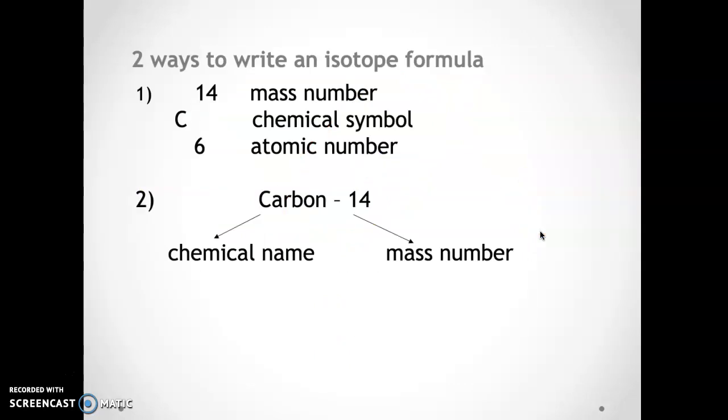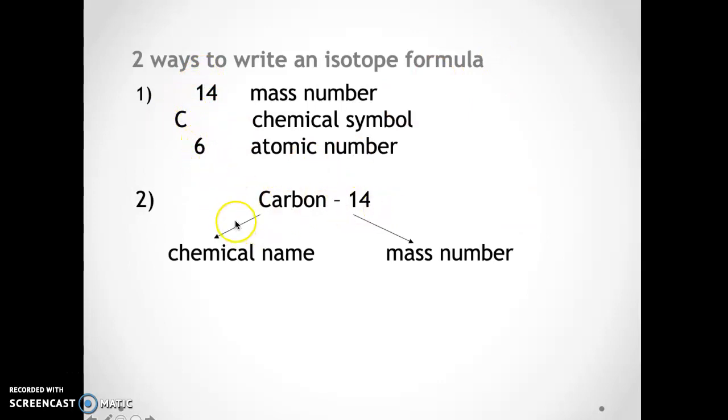Okay, here are your official notes on how to write isotopic formulas. The first one at the top we've seen a couple slides ago. What you do is you write the symbol, and then the mass number goes up higher, and then the atomic number goes lower.